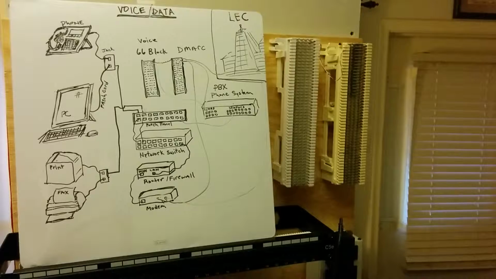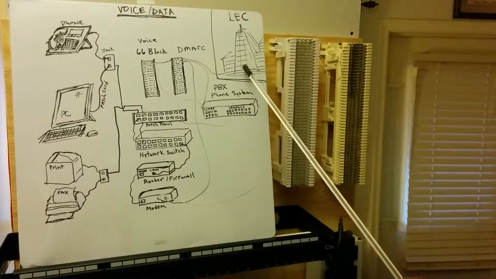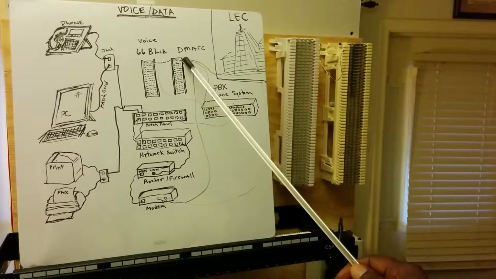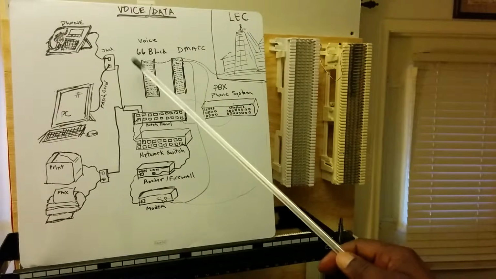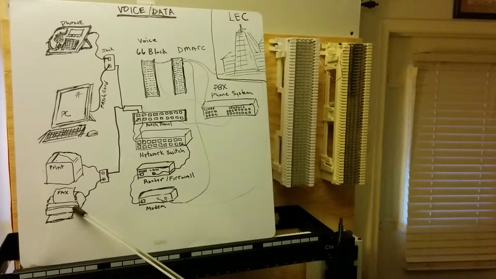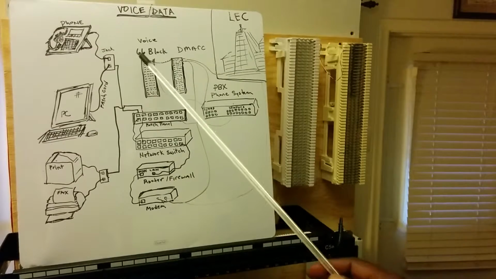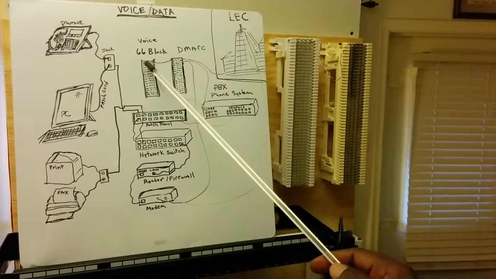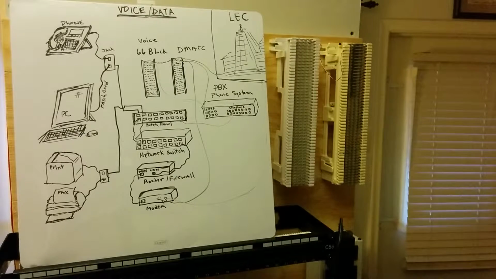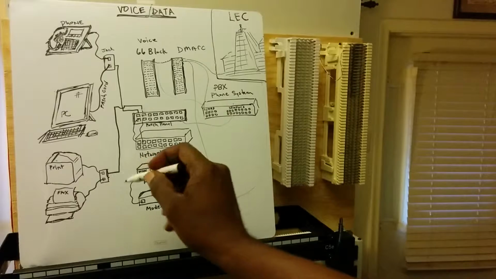So let's get back to where we were. We have our circuit coming in from the light connected to the D mark on the 6 block, and we want to take it to our fax machine. From our 6 block over here, we might have some wiring. They might call this a home run.